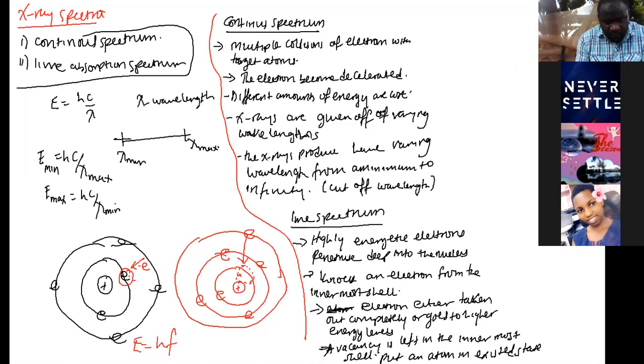When the atom becomes unstable, the subsequent electron transition from high energy levels occurs.